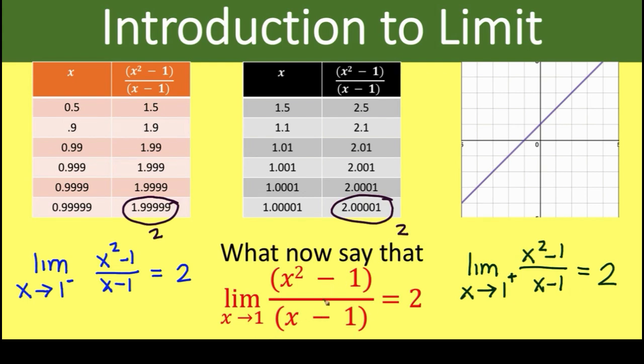And the two-sided limit exists if both the left-hand side limit and the right-hand side limit exist. In our case, our left-hand limit is positive 2 and the right-hand limit is positive 2. So we now say that the two-sided limit is also positive 2. If, on the other hand, this value is different than that value, then the two-sided limit does not exist.